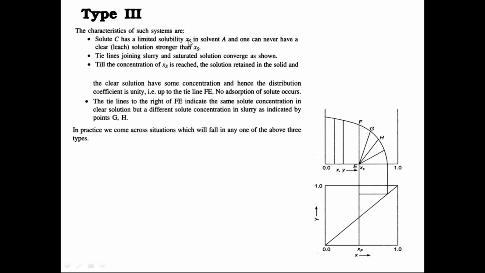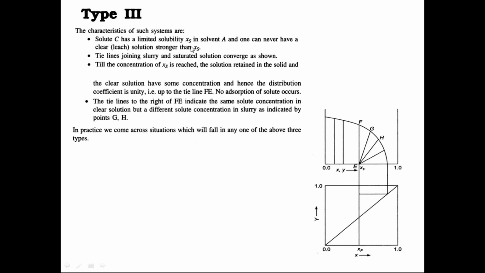See, it is having enormous solute, but all the solute is not getting dissolved into the solvent because it has got a limited solubility. Because of that, always in the liquid phase, the XC value results. This is the excess value. So up to this, you have a vertical diagram. After that, you will find this type of diagram.